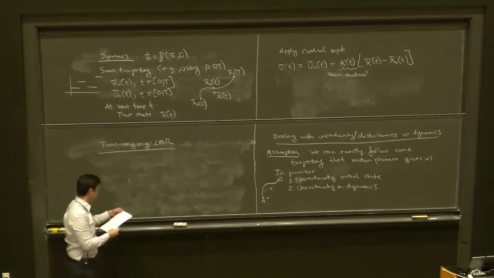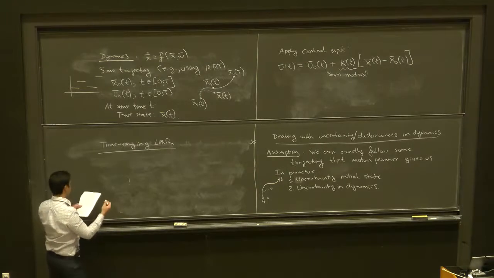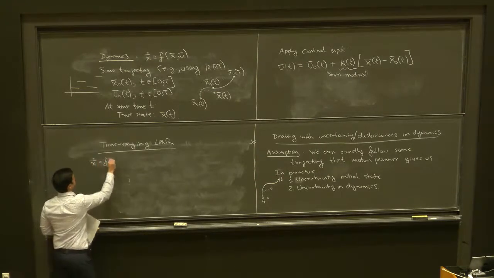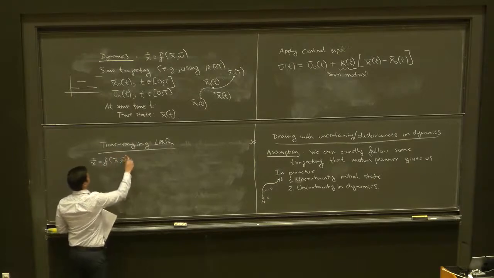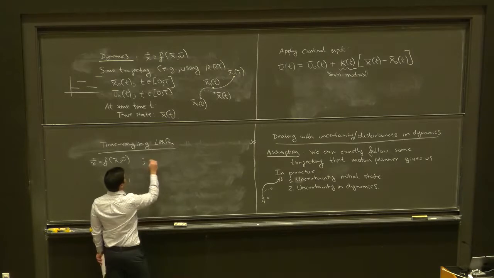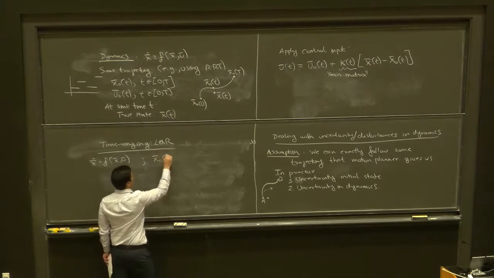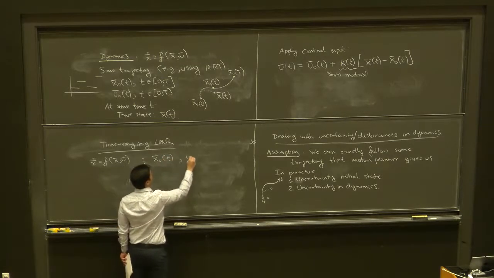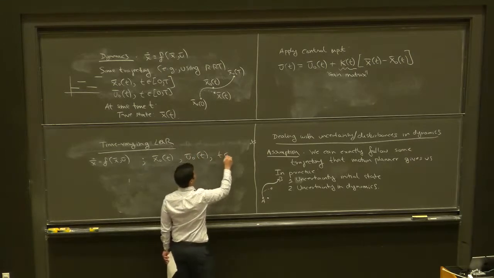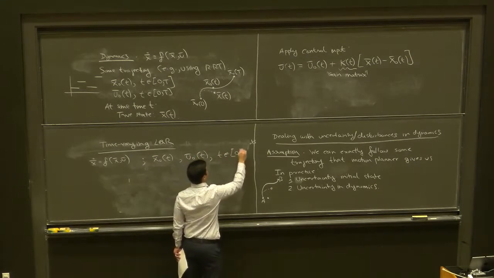Again, given the setup from before, the dynamics are x dot equals f of x, u, with some nominal trajectory x0 as a function of time and nominal control input u0 as a function of time, for t in 0 to capital T.